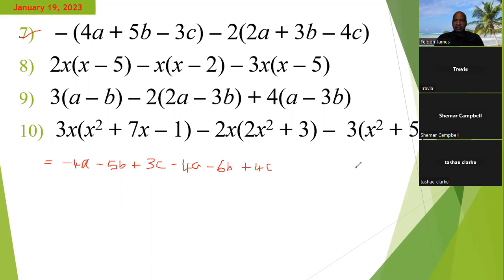Let me see the hands of those who got this result. Sir, it's 8C and not 4C. Oh, yeah, I wrote the wrong thing there. Sorry about that. So it's 8C.